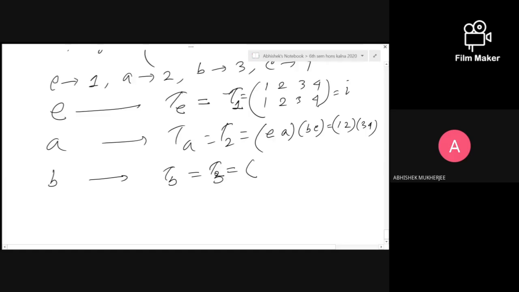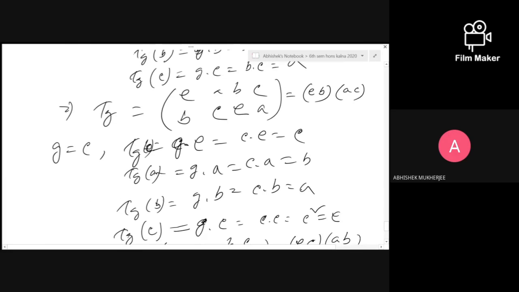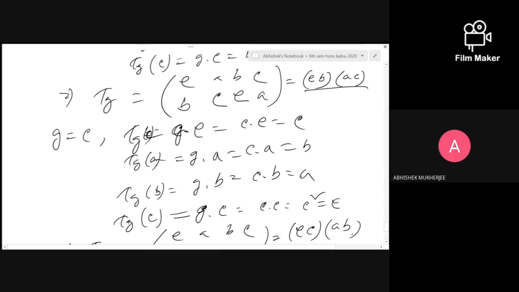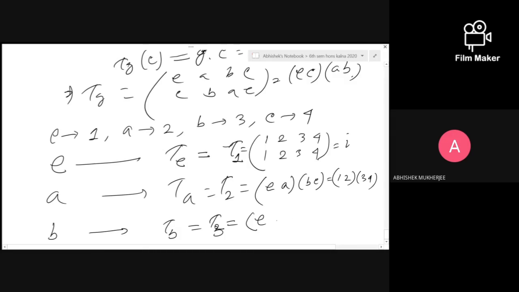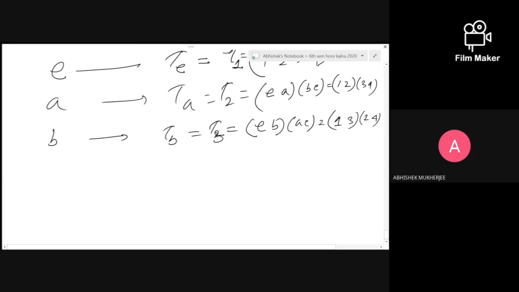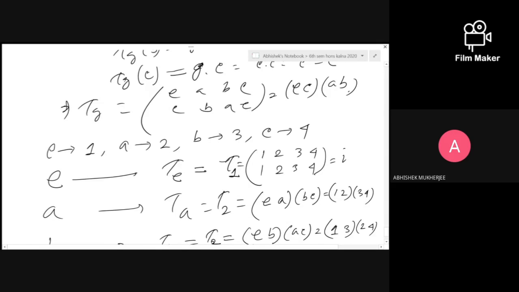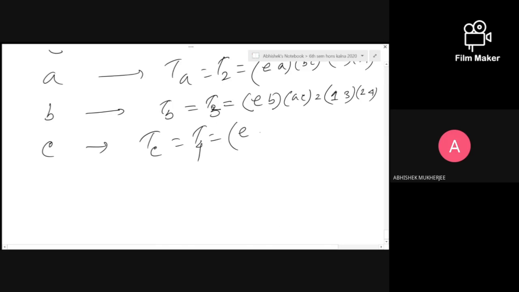Tau B is (E B)(A C). Renaming this, E is 1, B is 3, A is 2, C is 4. And the last case is C goes to tau C, that is tau 4. And what is tau 4? Tau 4 is (E C)(A B), that is 1 4 2 3.